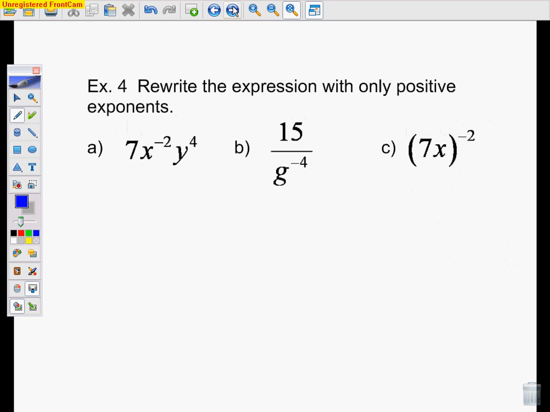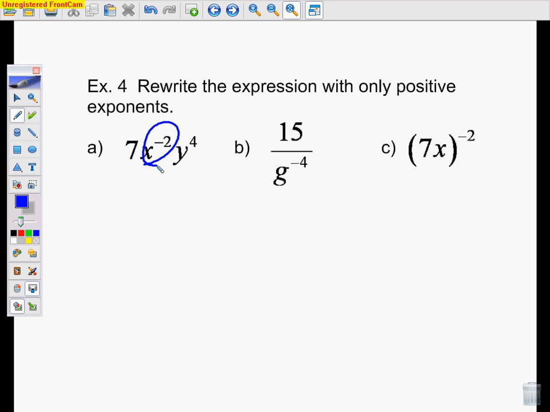All right. Next, rewrite the expression with only positive exponents. All right, so the first one, we have 7x to the negative second, y to the fourth. Now, once again, we move the things that have negative exponents. Only the things that have negative exponents. So the only thing in part A that we're going to be moving is this x to the negative 2, because that's the only one with a negative exponent.